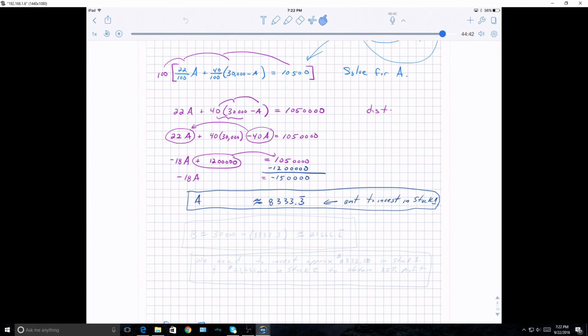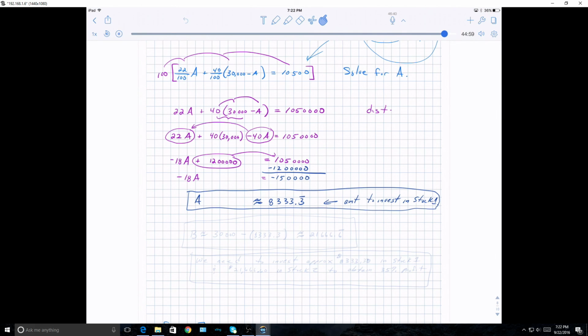So it's easy to calculate the remaining amount now, because all we have to do is do that subtraction, right?